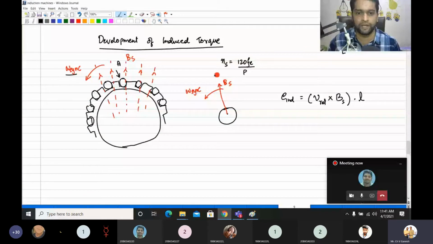In the same way, when you are keeping the reference as BS, the rotor conductor will appear to be moving in the opposite direction, just like you feel when you are traveling in a bus that the person standing stationary at the bus stand is moving away from you.